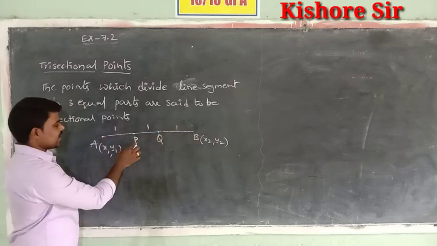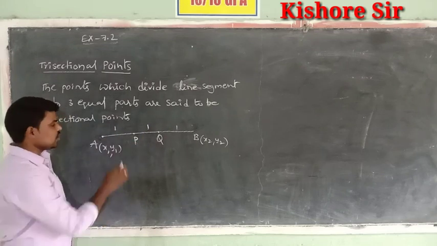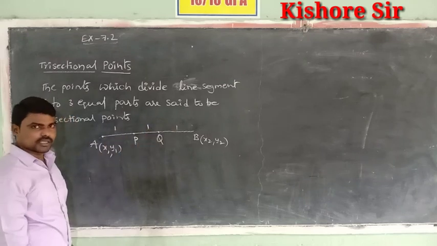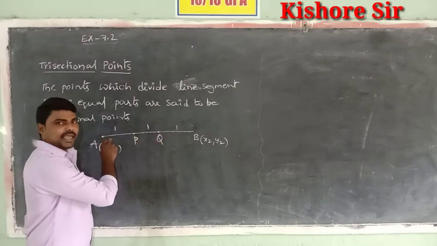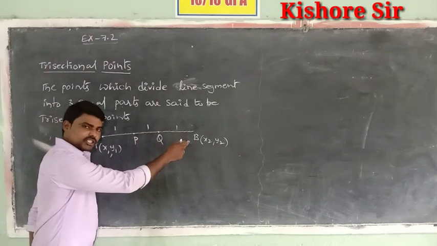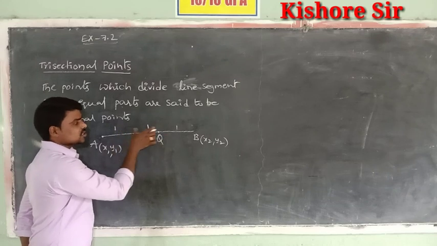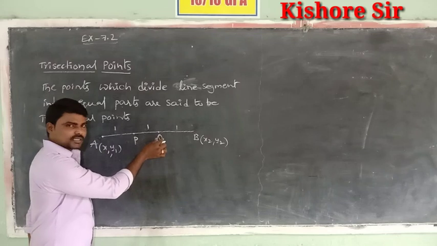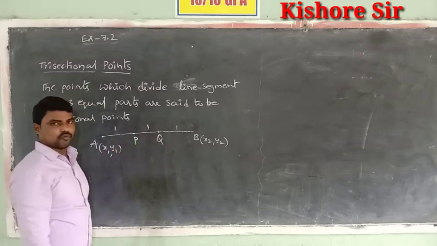Similarly, the point Q divides the line segment AB in the ratio 2 parts and 1 part. So Q divides the line segment AB in the ratio 2:1.